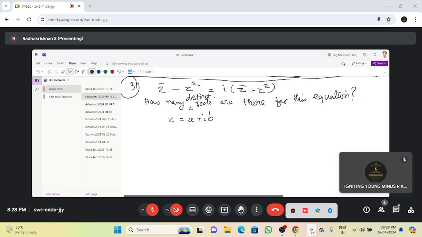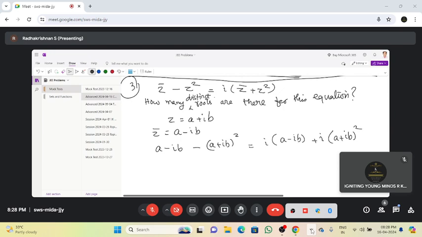So systematically, automatically you will get z conjugate equal to a minus ib, right? There is nothing else here. So we substitute: a minus ib minus a plus ib whole square equals i into a minus ib plus i into z square. I am splitting the right hand side into two: i into z conjugate plus i into z square for simplicity.